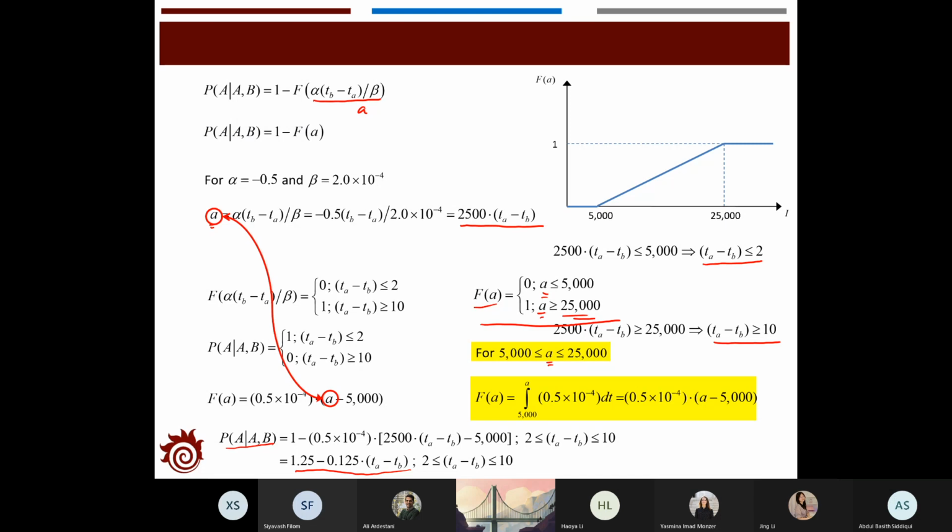This only applies when TA minus TB is between 2 and 10. For those below 2, that is 1. For those higher than 10, it is 0. So this is what we obtained for how we're going to choose the mode or the alternatives based on the utility function and under the specific distribution.